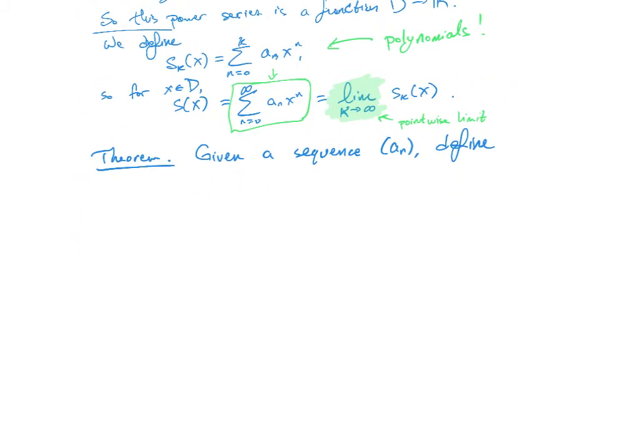Okay. You've got a sequence a_n, that's the sequence of coefficients. And we're going to define this capital R thing. It's the reciprocal of the lim sup in the root test.